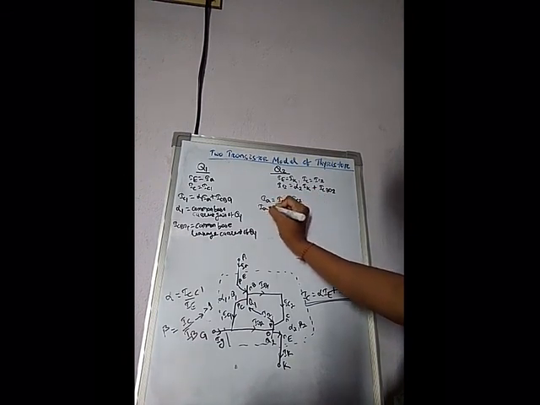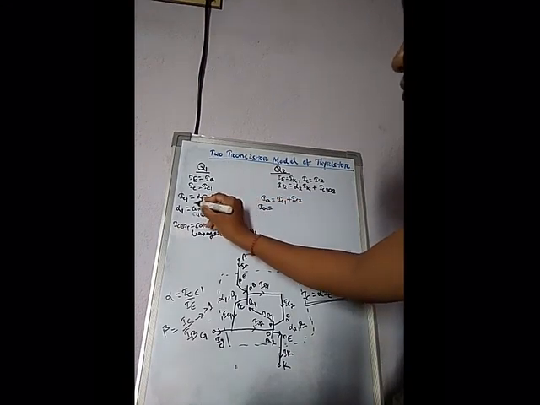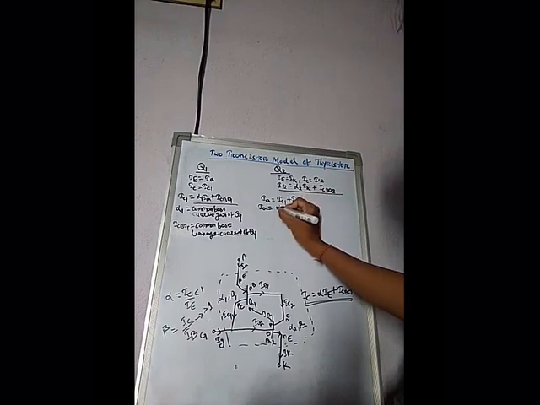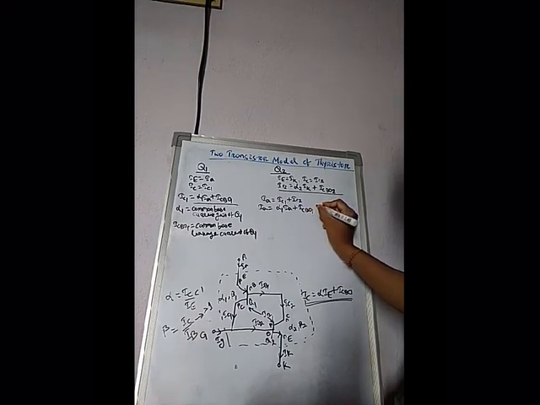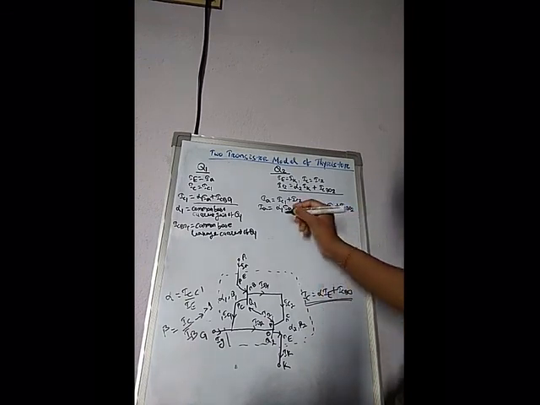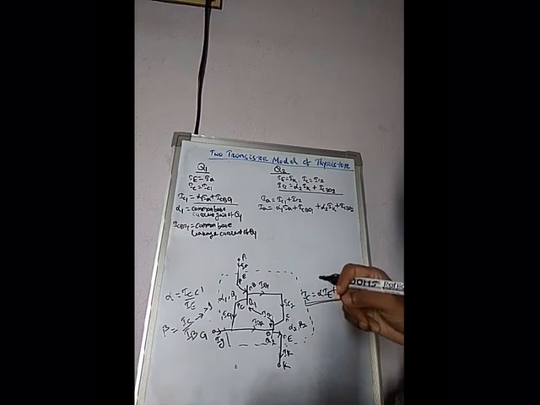So IA is equal to, I have the IC1 equation here and the IC2 equation here, so I put these equations here. Alpha 1 IA plus ICBO1 plus alpha 2 IK plus ICBO2. Again, IK is equal to IA plus IG.